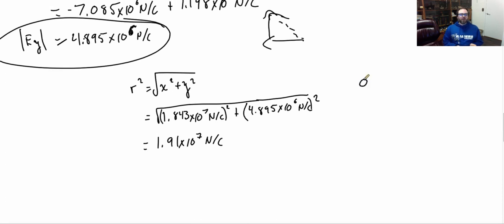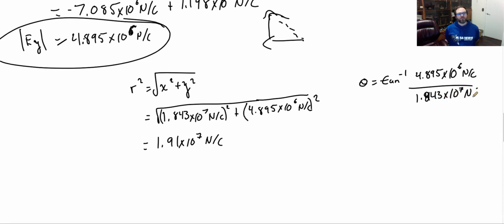Now we have to find my angle. I'm going to use tan, which in this case is y over x, to figure out what my angle is, because we want to always come off the x. That's going to be 4.895 times 10 to the 6 divided by 1.843 times 10 to the 7 newtons per coulomb. That's going to end up giving me 14.9 degrees.